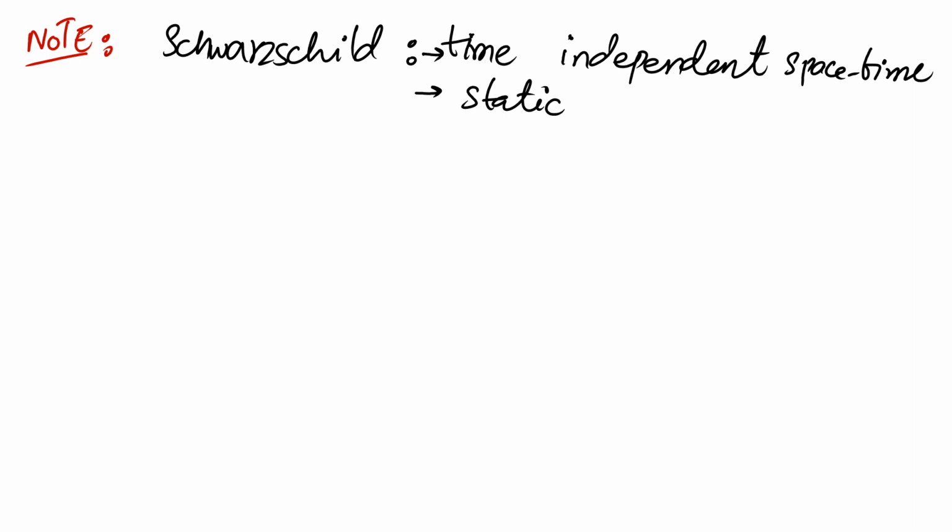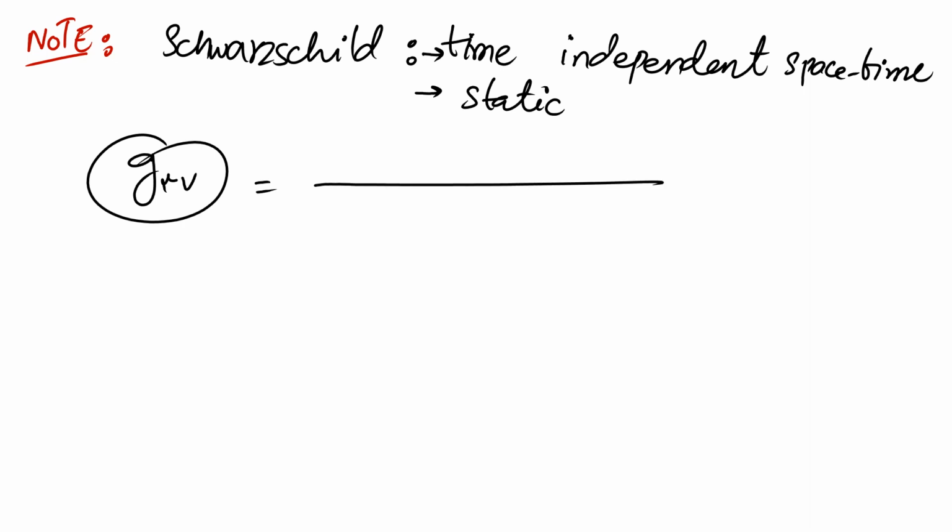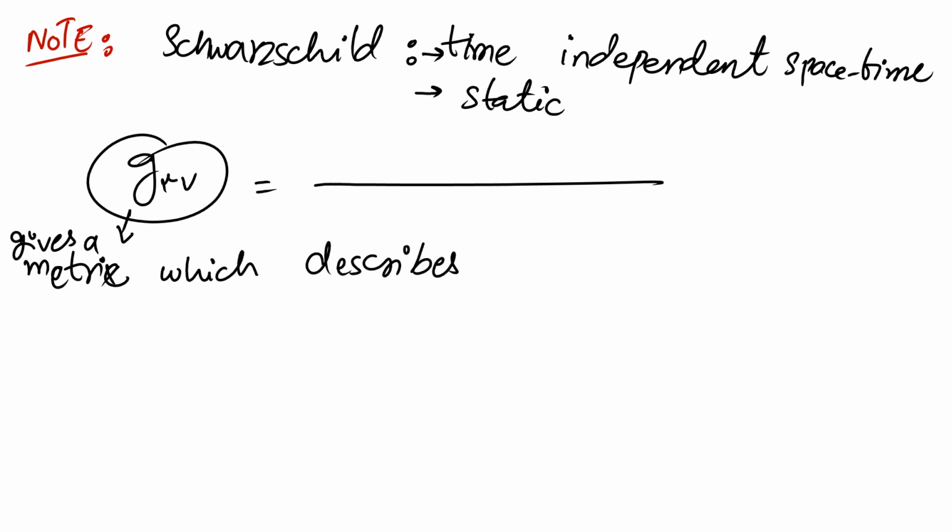The equation we have written, g mu nu, a dt square minus b dr square, gives a matrix, as I said before, a metric which describes the geometry of space-time.